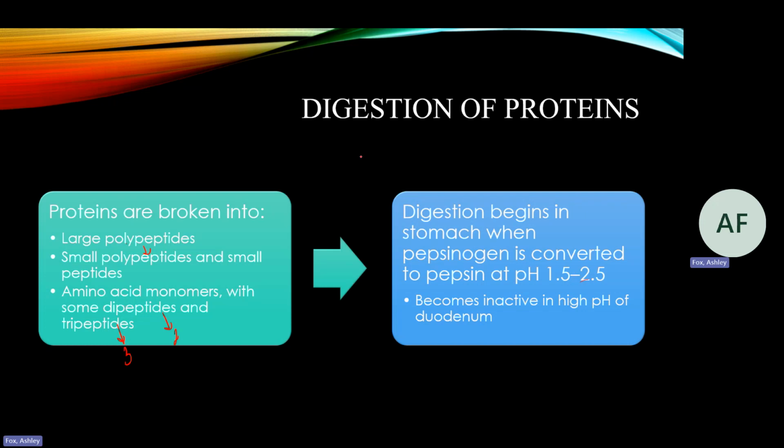So remember, they have that final shape. We had the primary, which is the amino acids, secondary, which is the beta pleated sheets and the alpha helix, tertiary, where we start folding in a 3D section, and quaternary, where there are multiple polypeptide chains interacting in the protein.